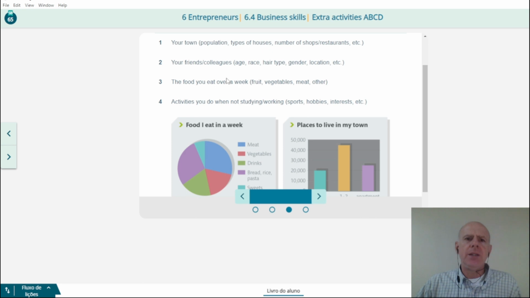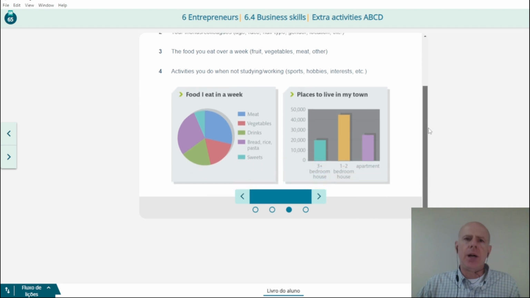The food you eat over a week: fruit, vegetables, meat, and others. I really like this kind of topic because I really try to eat well and give good food to my family. Activities you do when not studying or working, like sports, hobbies, interests.